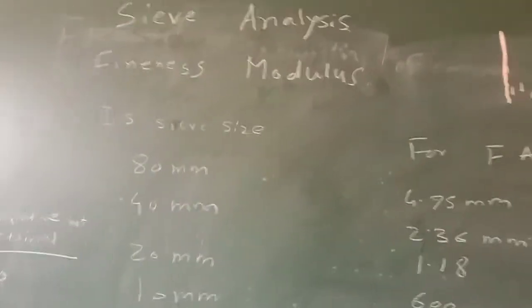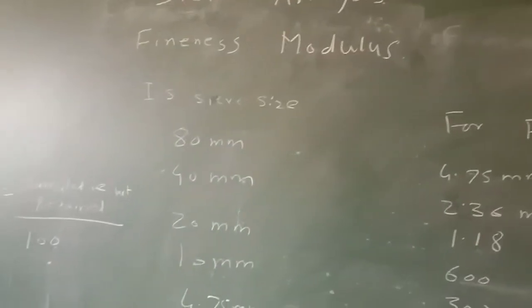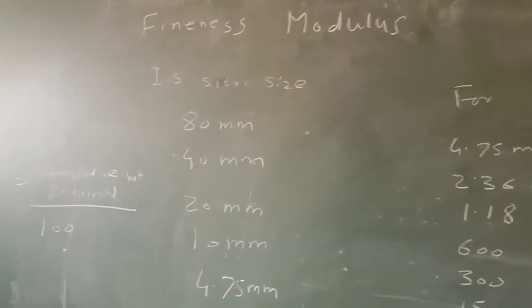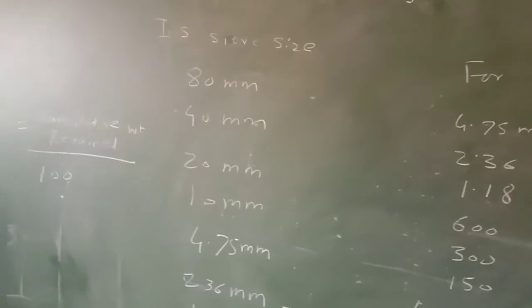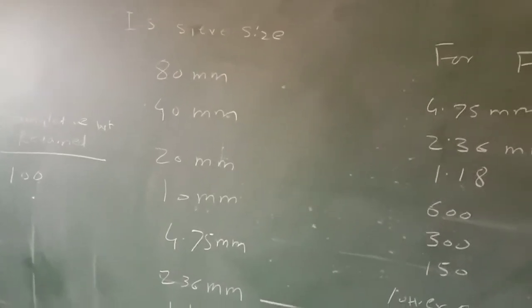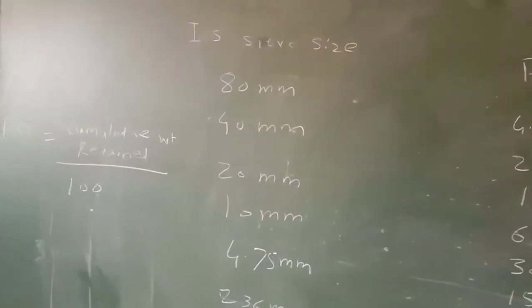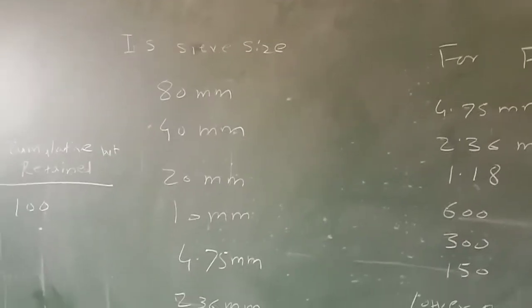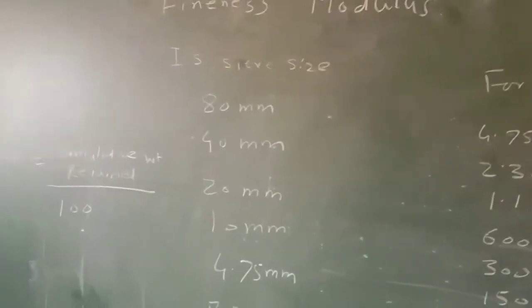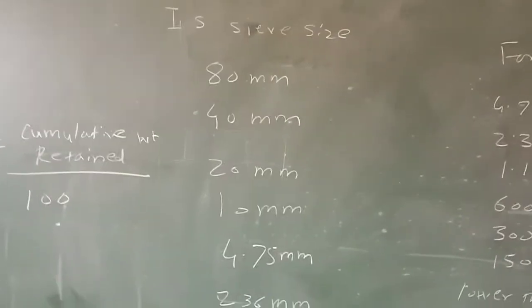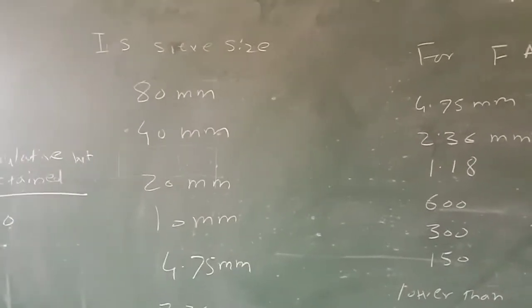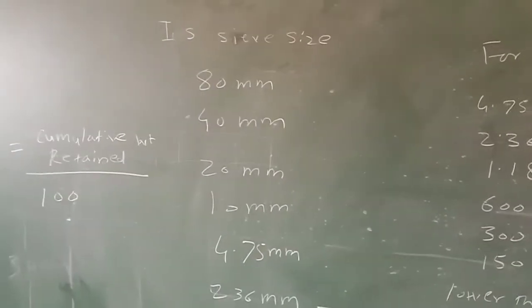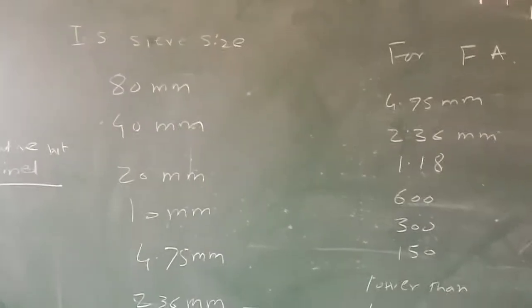That's why we require sieve analysis, and by sieve analysis we fix the particular weight and size of that aggregate. As per IS standard, we use the IS sieves and maintain that curve. By taking a number of experiments, IS has suggested that if you maintain a particular size of aggregate at a particular weight, then you will get minimum voids. That is what we are going to achieve here.